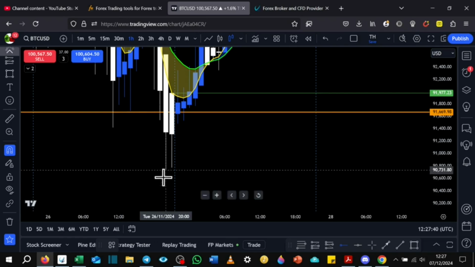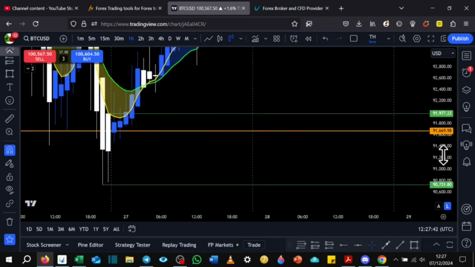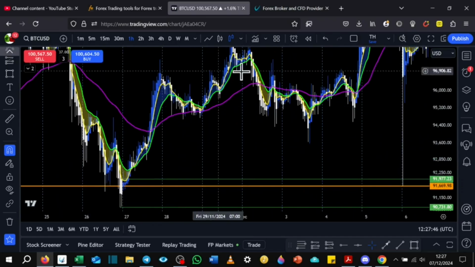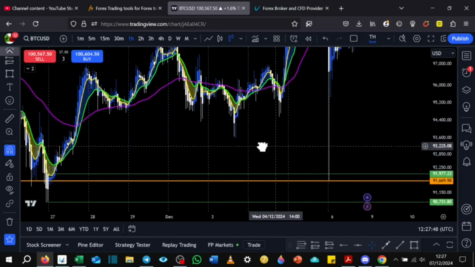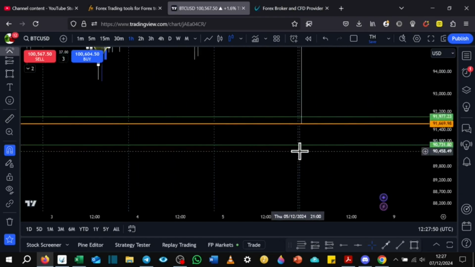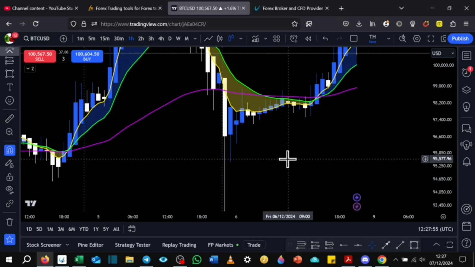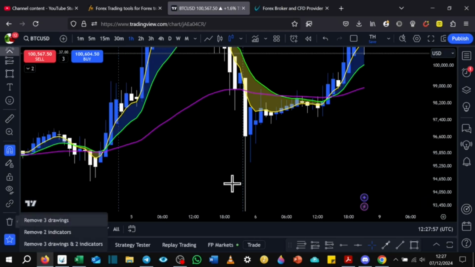So this is a potential reversal area down here, and it's slammed right down. It's literally taken out all these guys here that are in buys. It's wicked down, and it's completely reversed from here. So that would have been a great buy to catch from there.